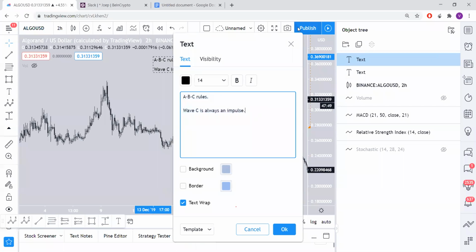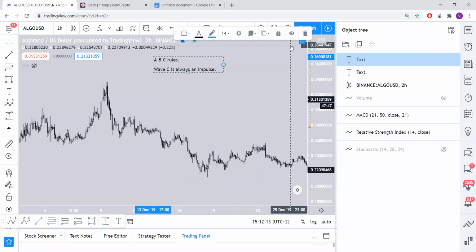And if it's an impulse, it is created by 5 subwaves, right? Which make an impulse. So those subwaves have to follow the basic Elliott wave rules, meaning wave 2 cannot go below the bottom of wave 1, wave 3 cannot be the shortest one, and wave 4 cannot overlap with wave 1.